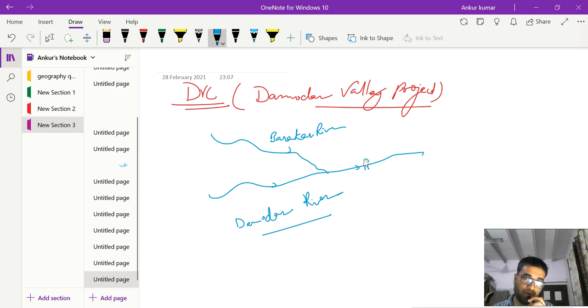Right. Here we have a reservoir. Sorry, not reservoir. The barrage, that is Durgapur barrage. Durgapur barrage, and from this barrage emanates a canal. Right. There is a canal from Durgapur barrage. Okay.